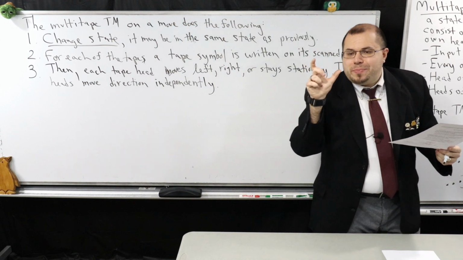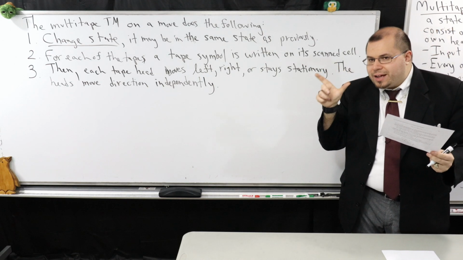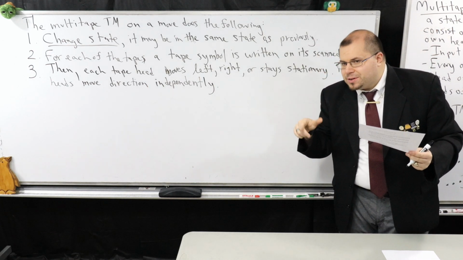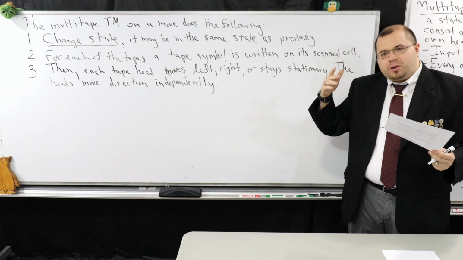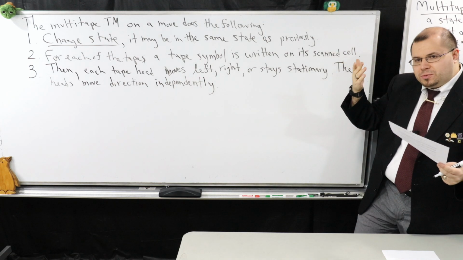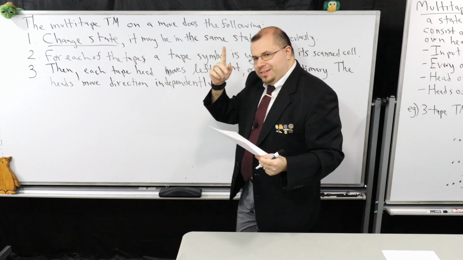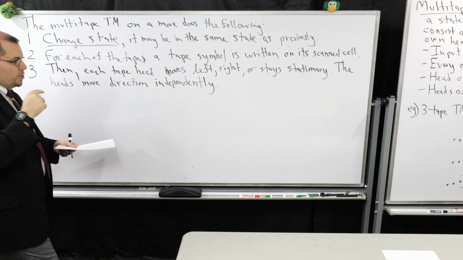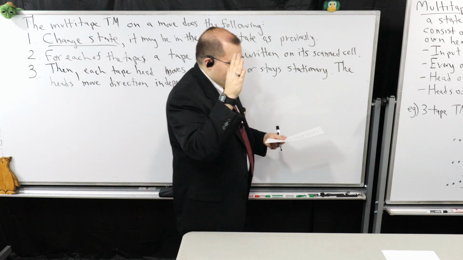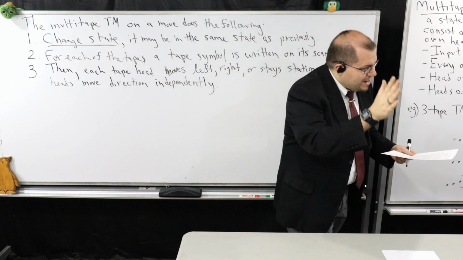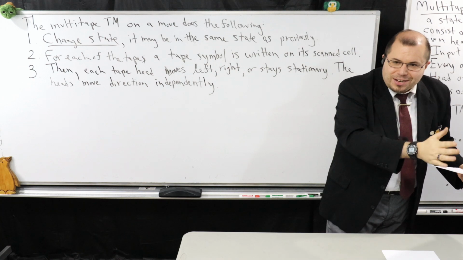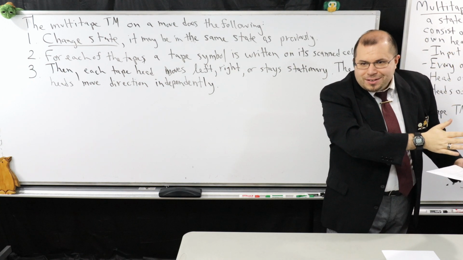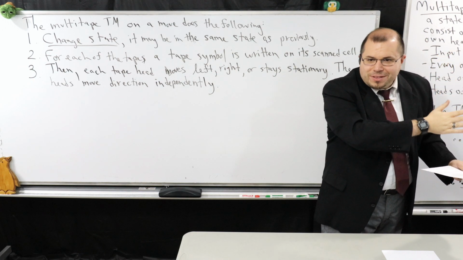And this would actually be baked right into what the transition function will tell you. Remember, our definition of the Turing machine transition is always I have a state and I read the symbol on the tape. The way it works with the multi-tape Turing machine is you're going to have a state, then for each of your tapes, you're going to have the tape symbol that you have read.